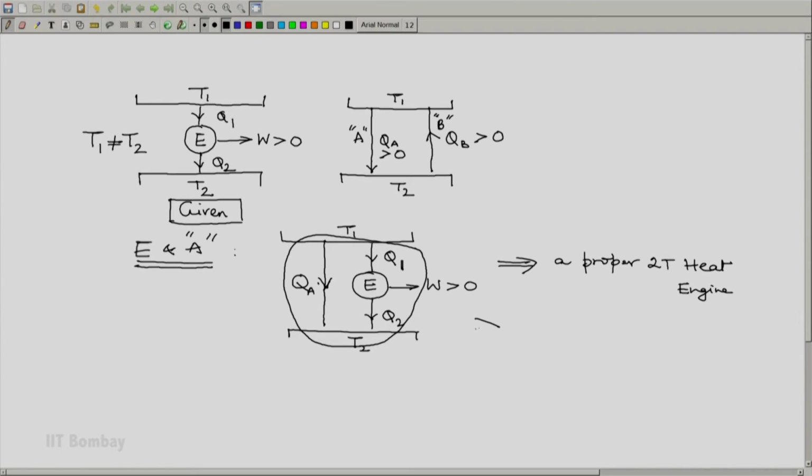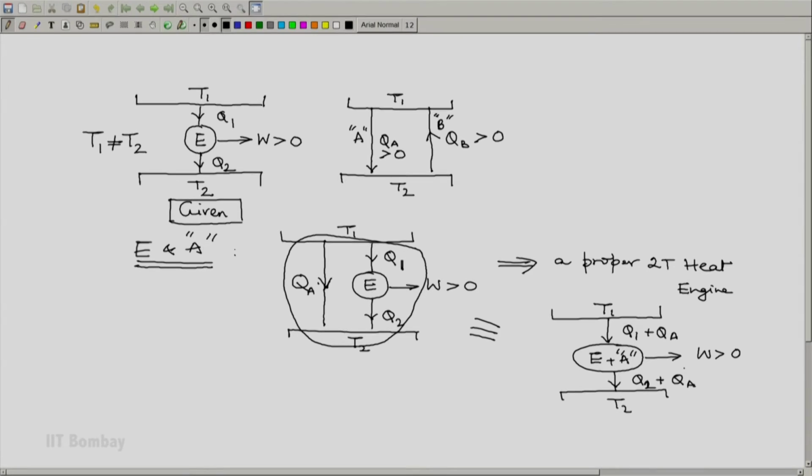Well, this is equivalent to something like this: T1, T2, this will be our E and the process A. All that it does, it absorbs Q1 plus QA, it rejects Q2 plus QA and produces the same amount of work as earlier. So, in this case there is no inconsistency.